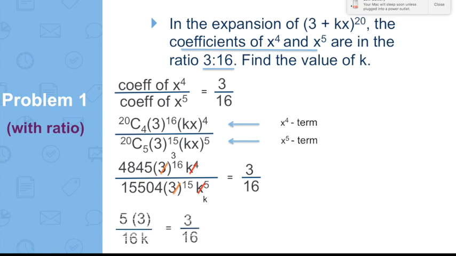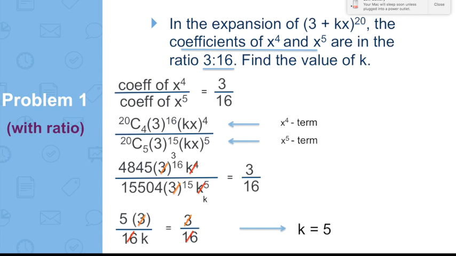Simplify that, we will get 5 over 16. And then 3k is equal to 3 over 16. So we can still cancel out 3 and 16 below. And then what remains is 5 over k is equal to 1, and that will give us k is equal to 5. So find the value of k. We already found the value of k, and that is equal to 5.